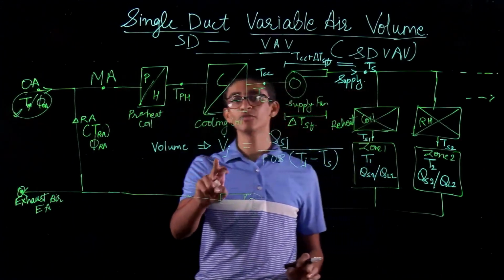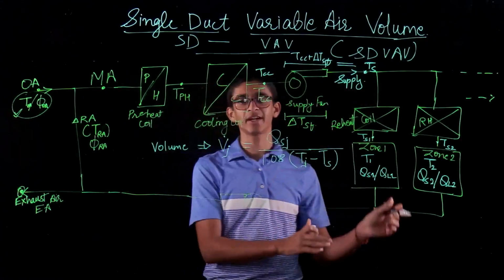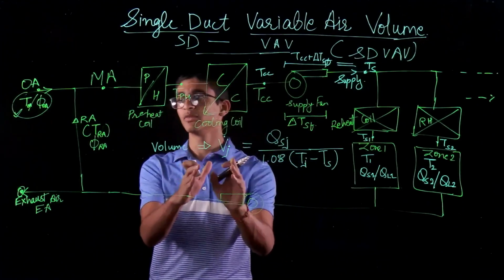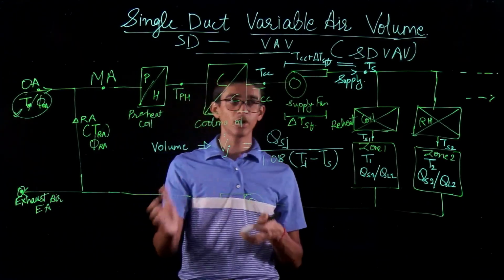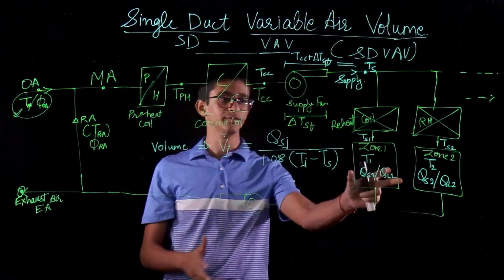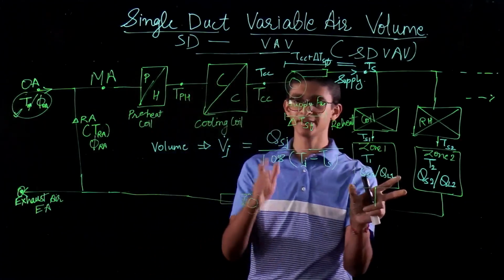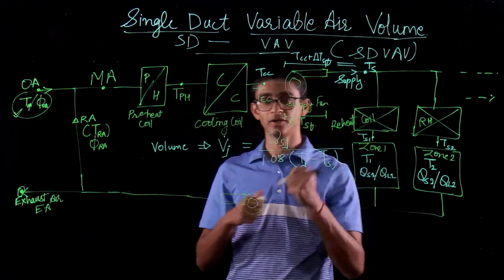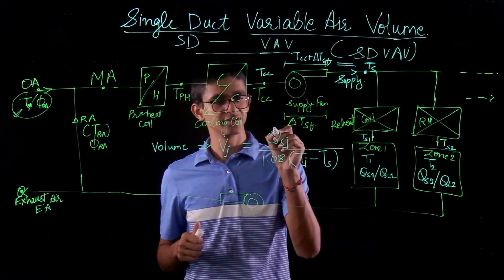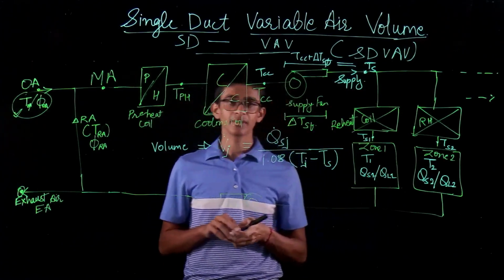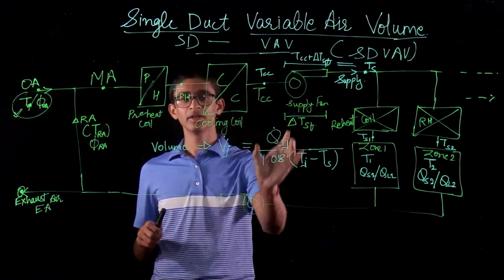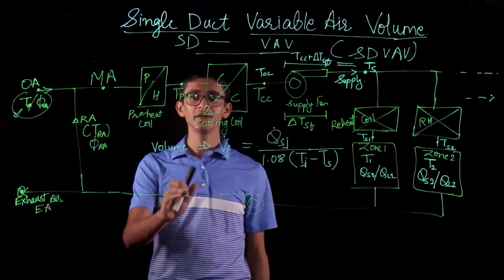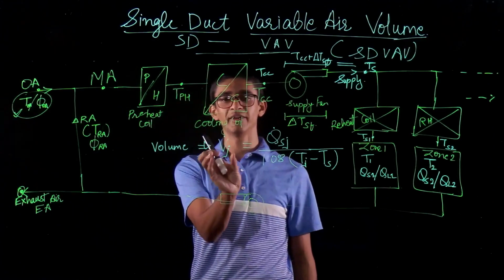If my supply volume flow rate is very low, then it is the second case. In that case, we'll have some minimum flow ensured in the building. If this zone has a very low value of Q dot, the sensible load in that zone, then the volume flow rate required will be very less.